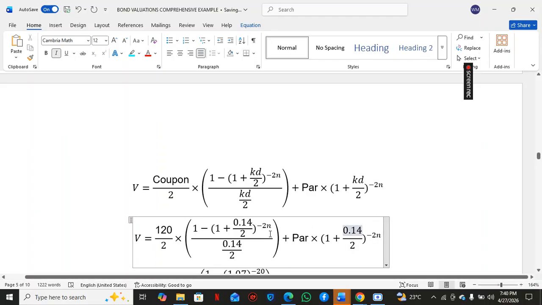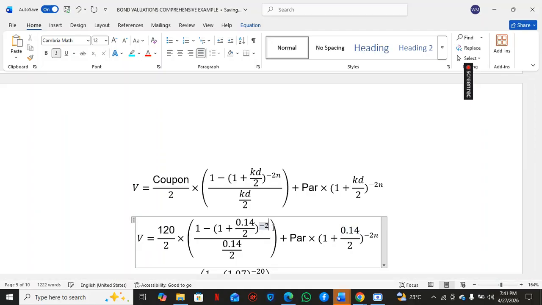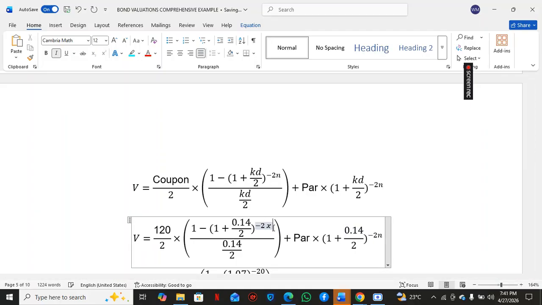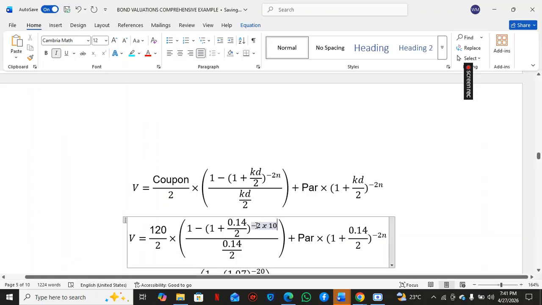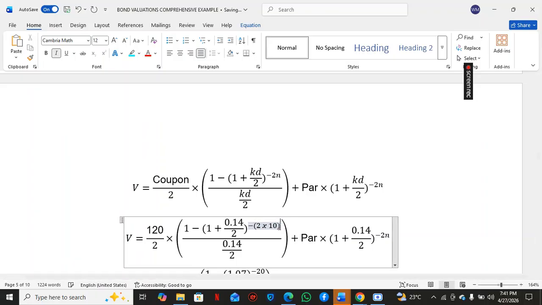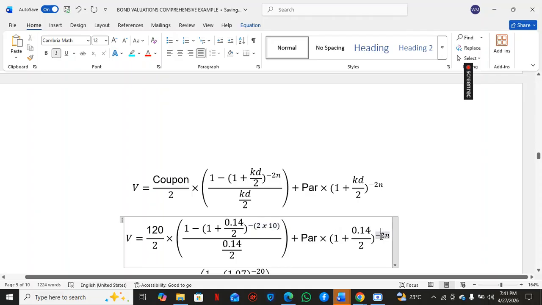And then the time period, remember it's 10 years, so you say 2 times 10 here. Even here, you're going to multiply 2 times 10.